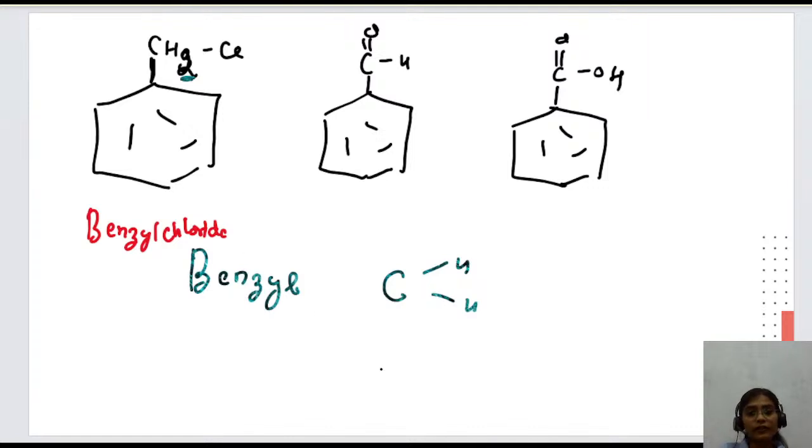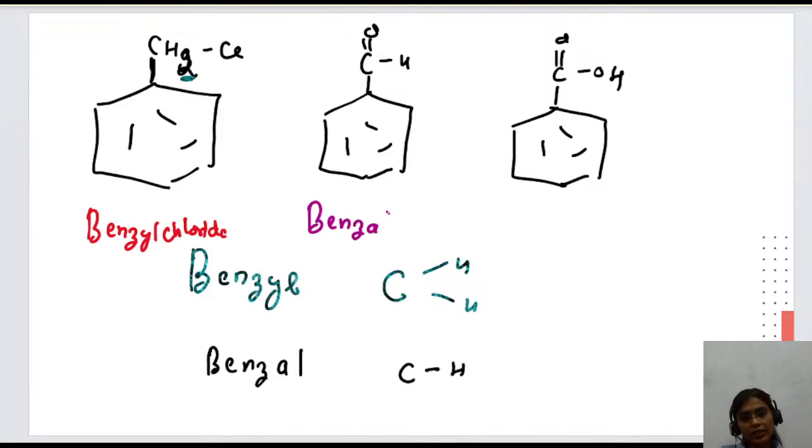If the carbon connected with the benzene is connected with only one hydrogen, we use benzyl. You know the name for this compound? It's benzaldehyde, so there is a tie between aldehyde and benzyl. That's why we use this. So this is benzyl.